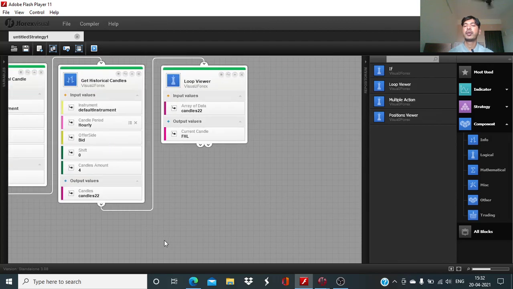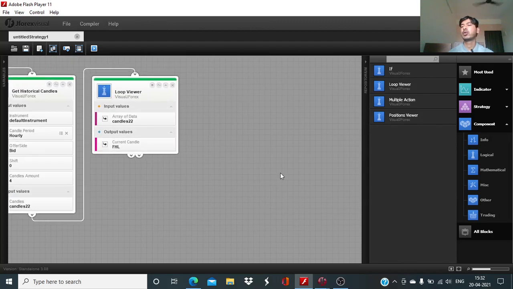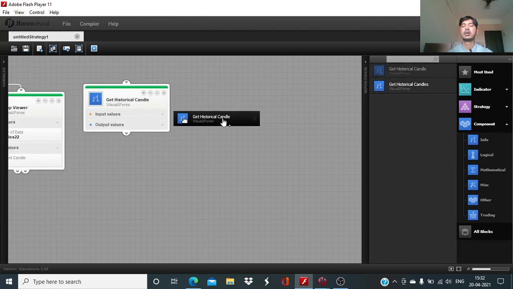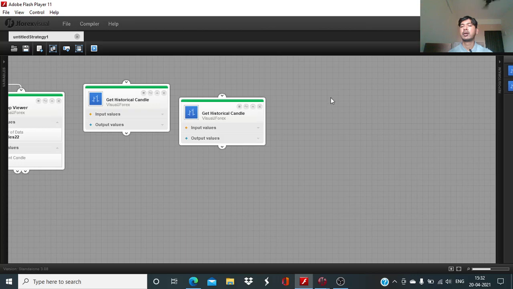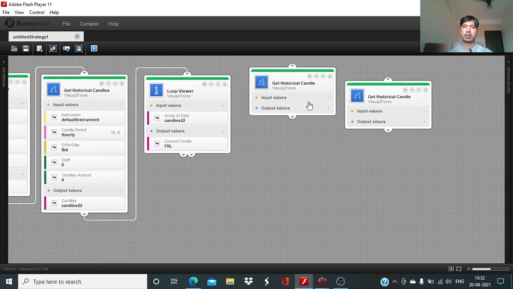Along with that, to pinpoint the exact entry point to historical blocks, get historical candle of 10-second time frame will also be needed, and I will get those as well. So here are these two blocks.